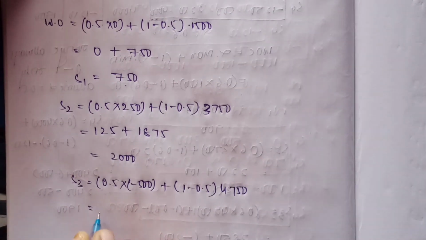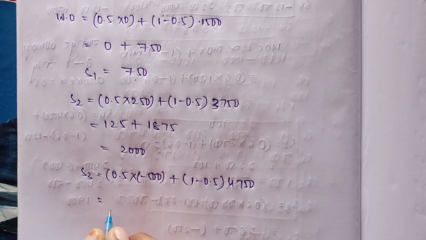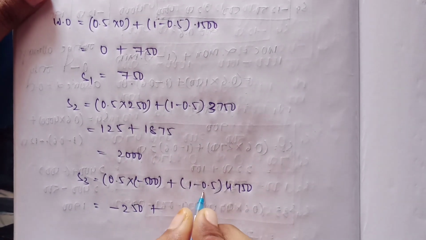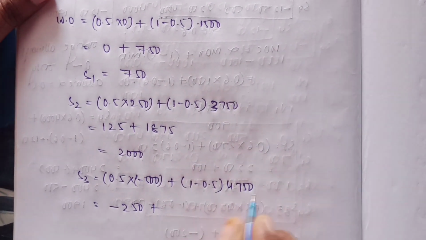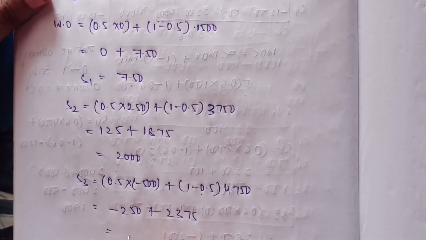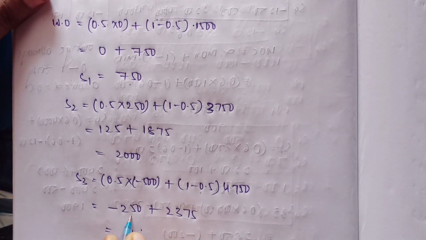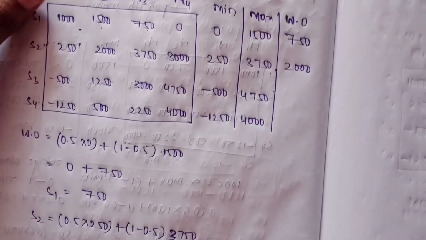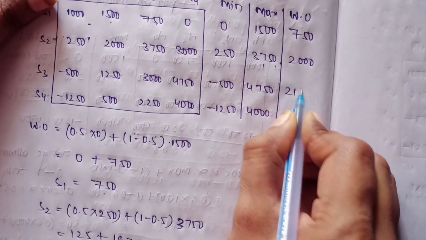So 0.5 into minus 500 is equal to minus 250, plus 0.5 into 4750 is equal to 2375. Here minus 250 plus 2375 is equal to 2125. So S3 is 2125, and the next is the S4 value.